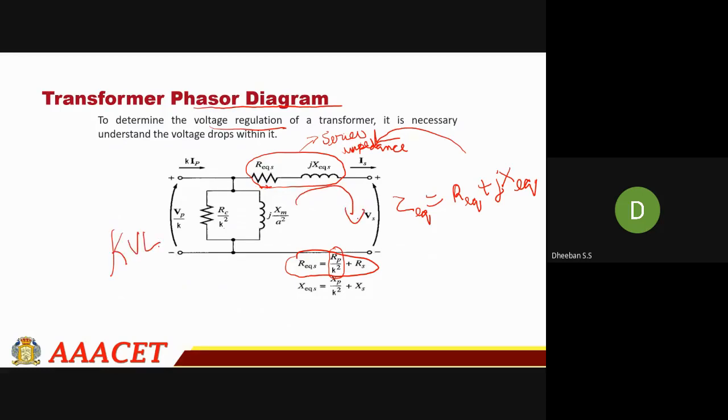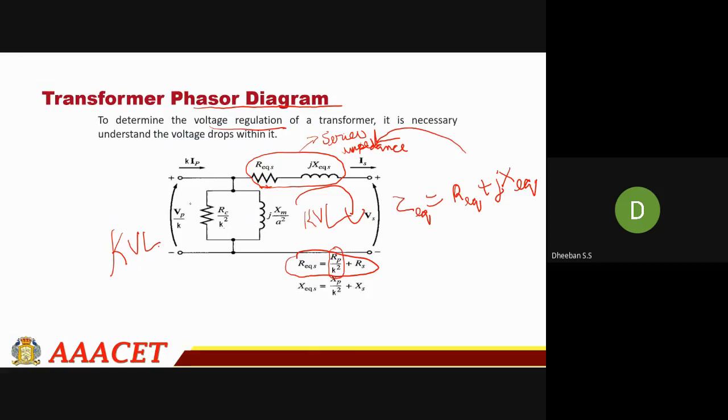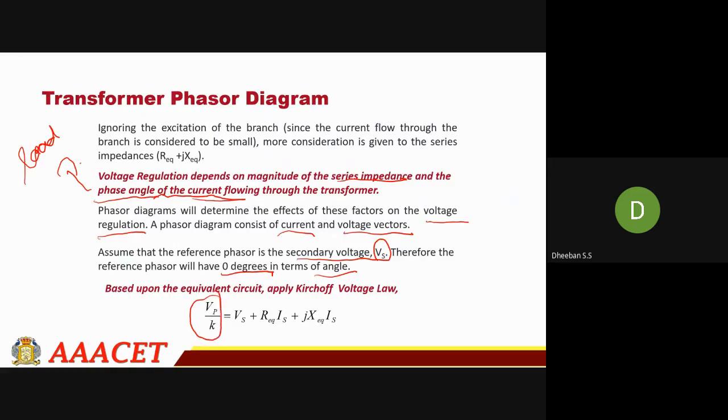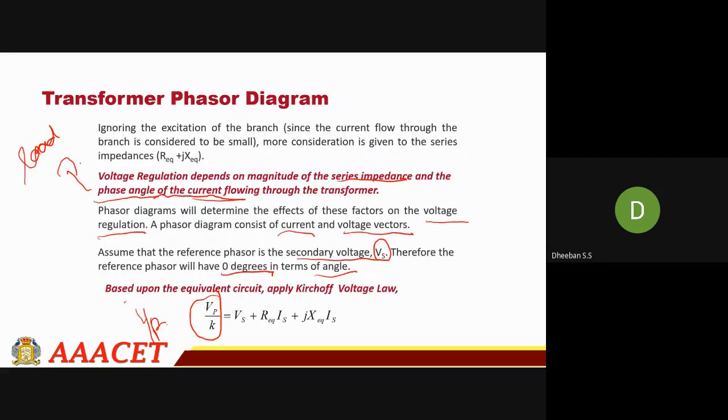If you are applying KVL, Vp by K is the voltage rise, that is your input voltage, and it is equal to the voltage drop at your secondary plus the drop across this equivalent resistance plus this equivalent reactance. So you can also write this as Vp by K equals Vs plus Is into Z equivalent.